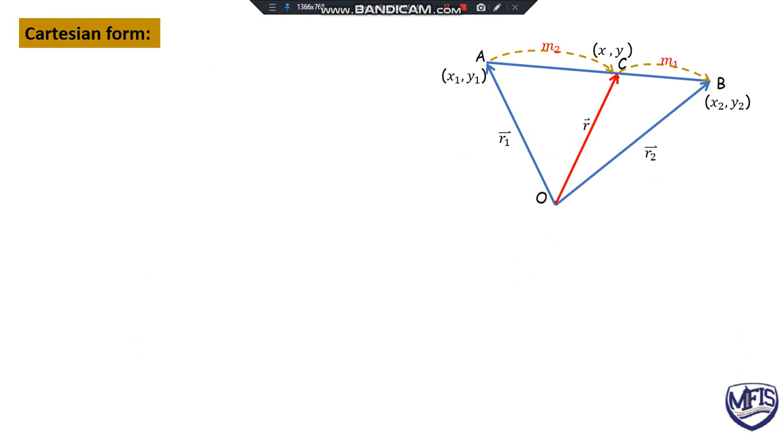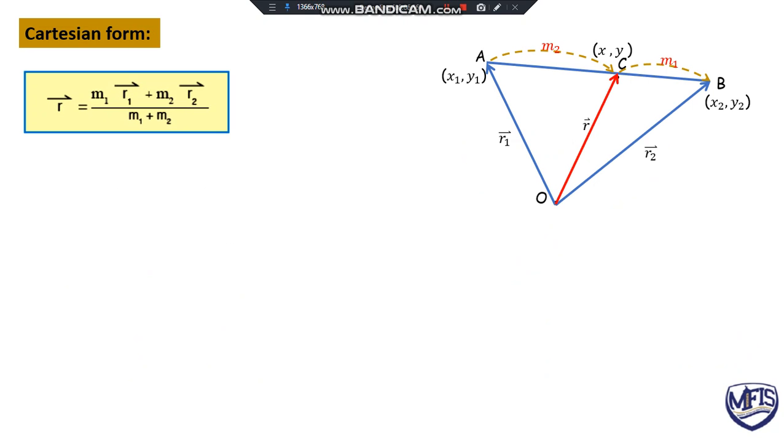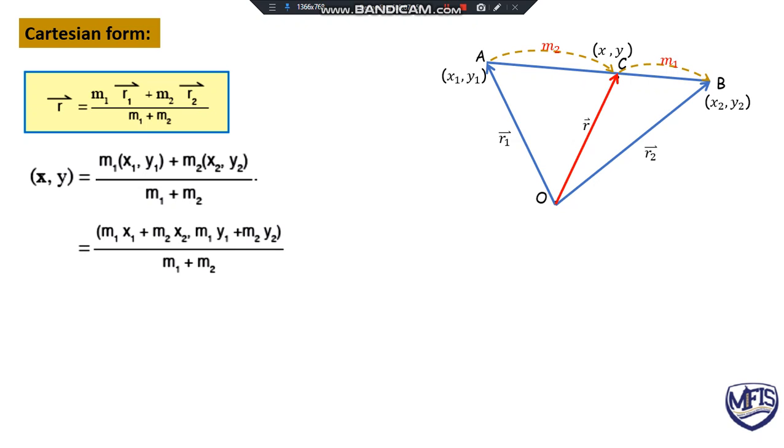So we have also the Cartesian form. We can represent R by x and y, and M1 multiply R1, which is x1, y1, and M2 multiply R2, which is x2 and y2, over M1 plus M2. So we can expand: M1 times x1, M1 times y1, and M2 times x2 and M2 times y2.